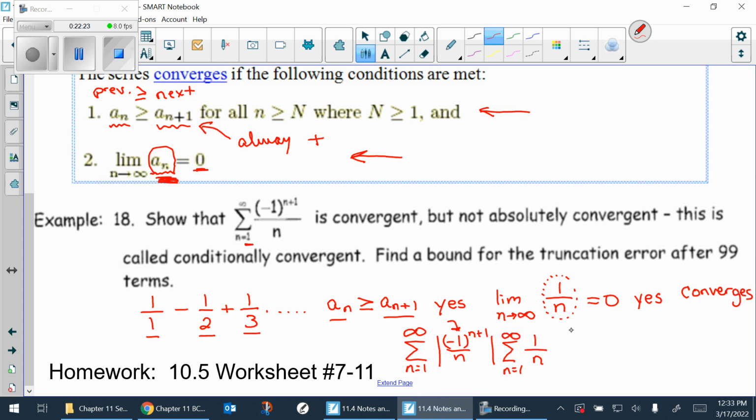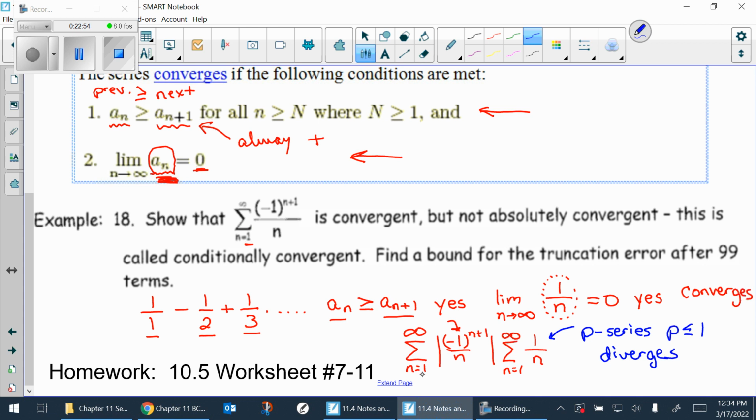What do we know about this guy? Well, we know this is a p series, and the exponent on this n down here is a 1. And so if p is less than or equal to 1, this thing diverges.